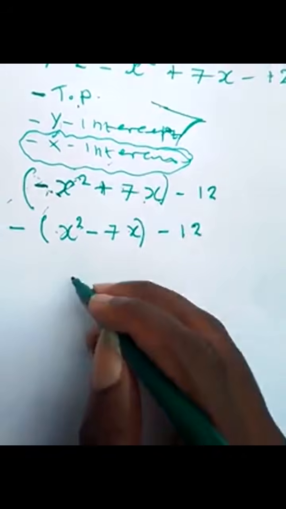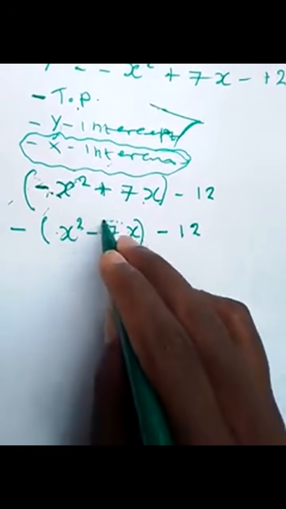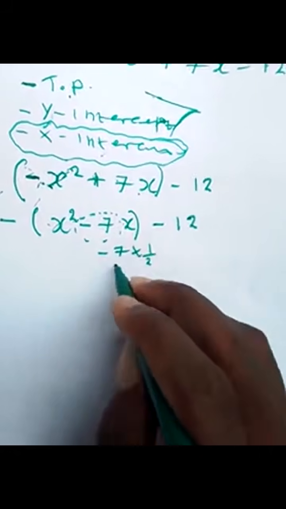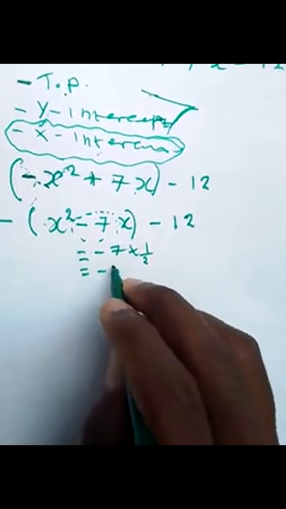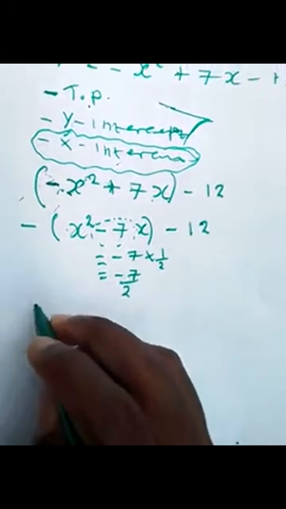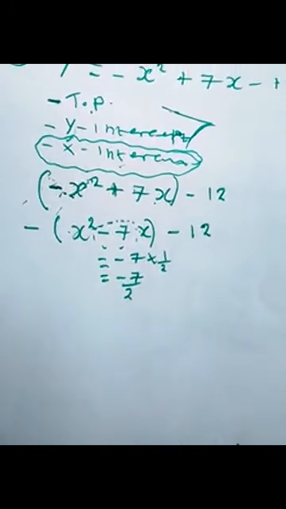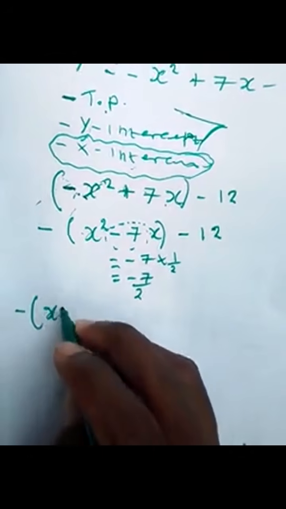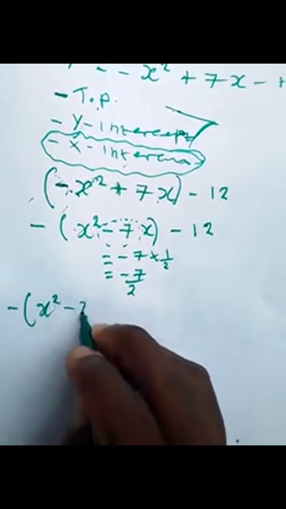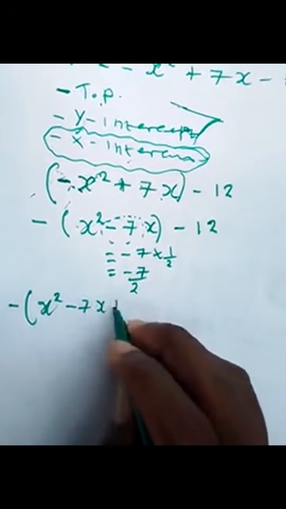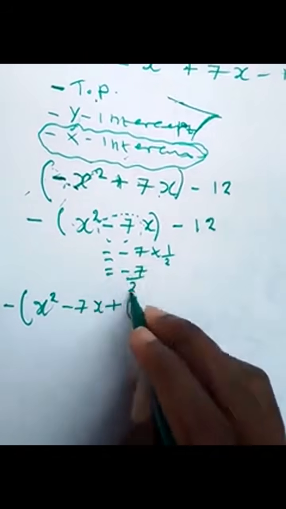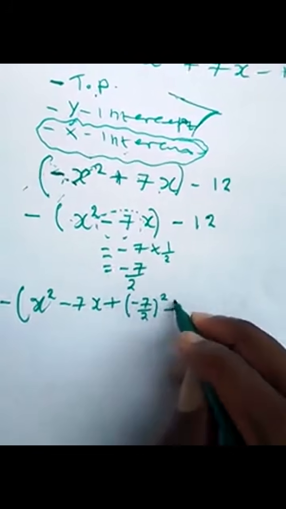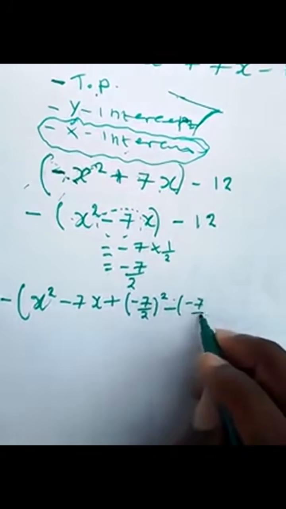So I'll get negative 7 multiplied by 1 over 2, so it's going to be negative 7 over 2. Alright, so I'm going to say negative x power 2 minus 7x. By this time, I'll say plus this one, negative 7 over 2, raised to the power of 2, minus itself again, minus negative 7 over 2 power 2.